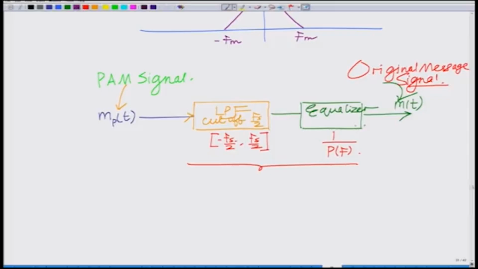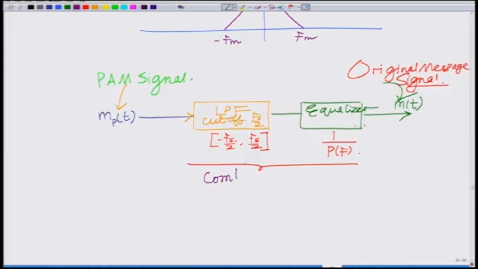And of course, you can combine both these things into a single filter, that is the low pass filter itself. If you design the low pass filter response such that it is 1 over Pf in that frequency band, then naturally you can reconstruct. Alright. But it is easier to think of it in terms of first low pass filtering operation followed by an equalizer operation, although both can be a combined filter. So, these can be put together because both these things are linear operations.